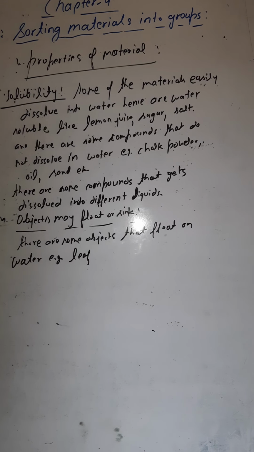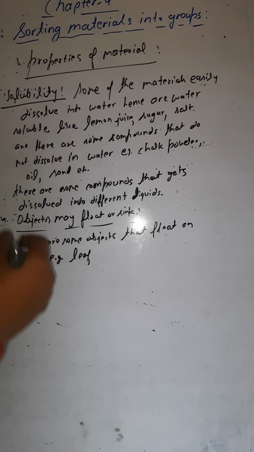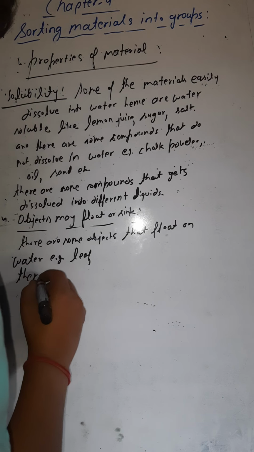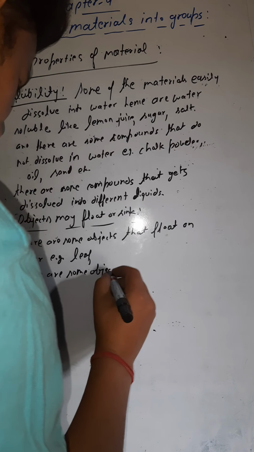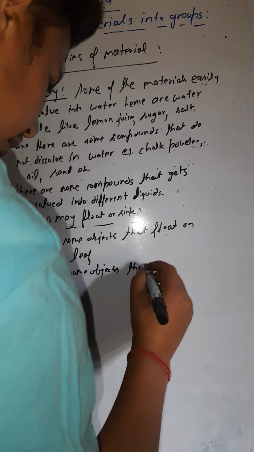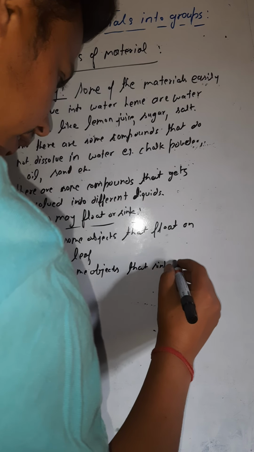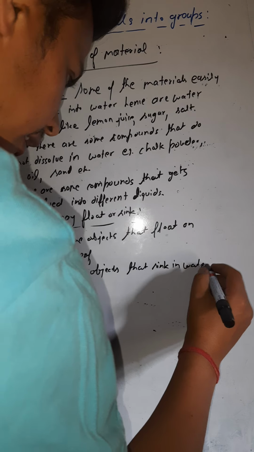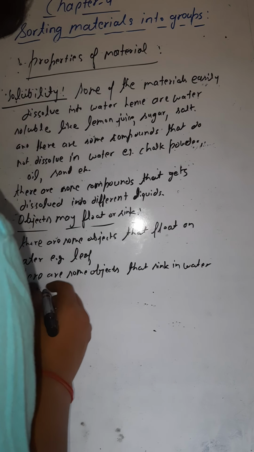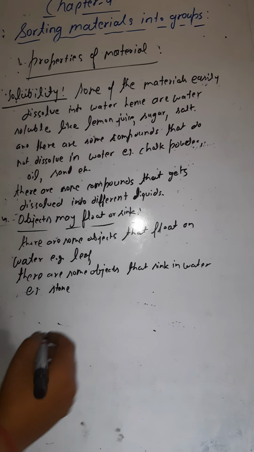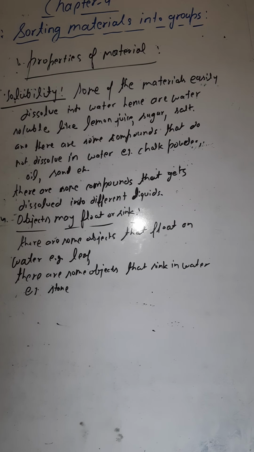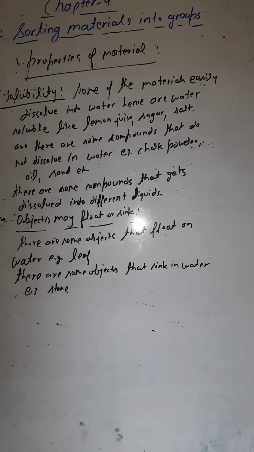At the same time, there are some objects that sink in water. For example, you have a stone. If you throw a stone in water, it would not be floating on water, rather it sinks in water. So that was the fourth property of the material.